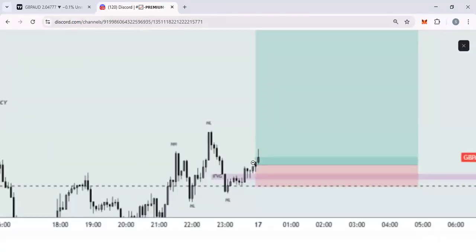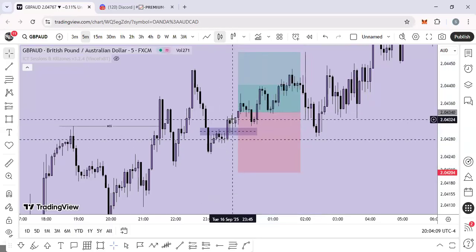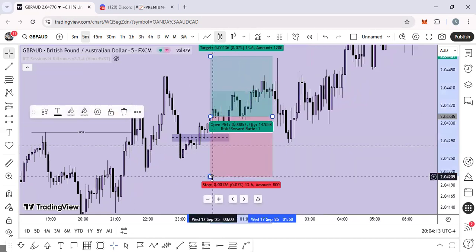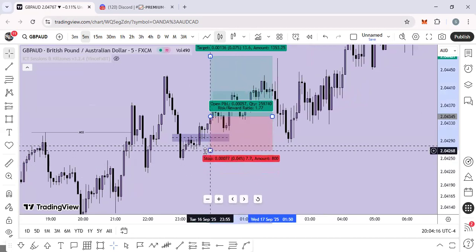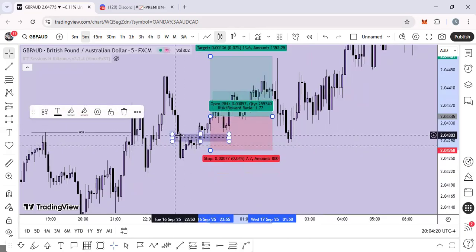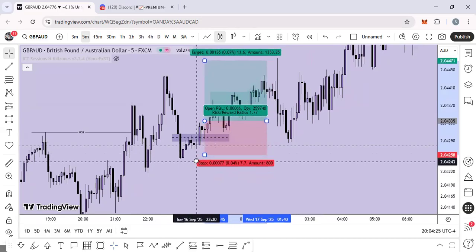Okay, this second candle here, and this bullish candle closed bullish above this. Right, and stop loss was below the lows of the candle that displaced through this inversion fair value gap. Strong displacement.